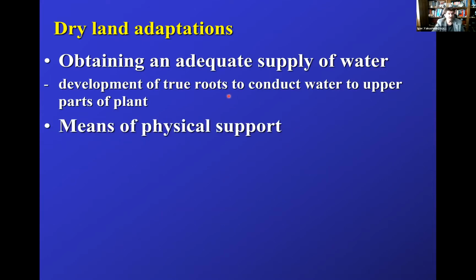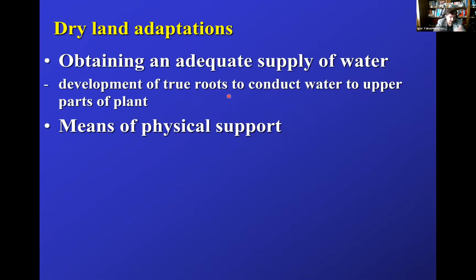Then the means of physical support. Remember that the plants are growing into the environment, so they have to go literally against the gravitational pull of the whole planet. So they need to somehow reinforce those particular structures, the stems.